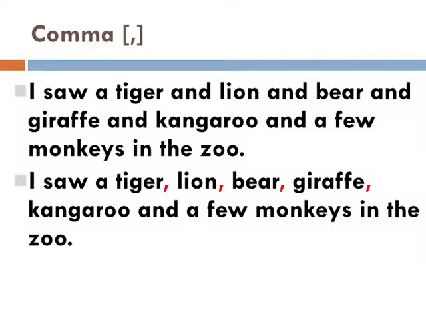So while adding commas, the repetition of and is removed. Can you see? In the first sentence, and is repeated a lot. So in the second sentence we just added commas and removed and. So this sentence is a proper sentence. Okay, it avoids the repetition of the word and it makes the sentence easy to understand.